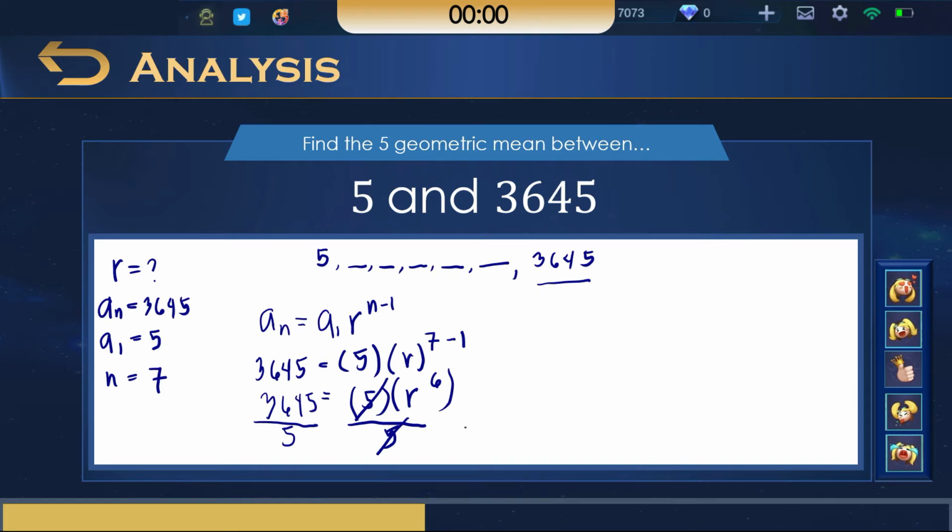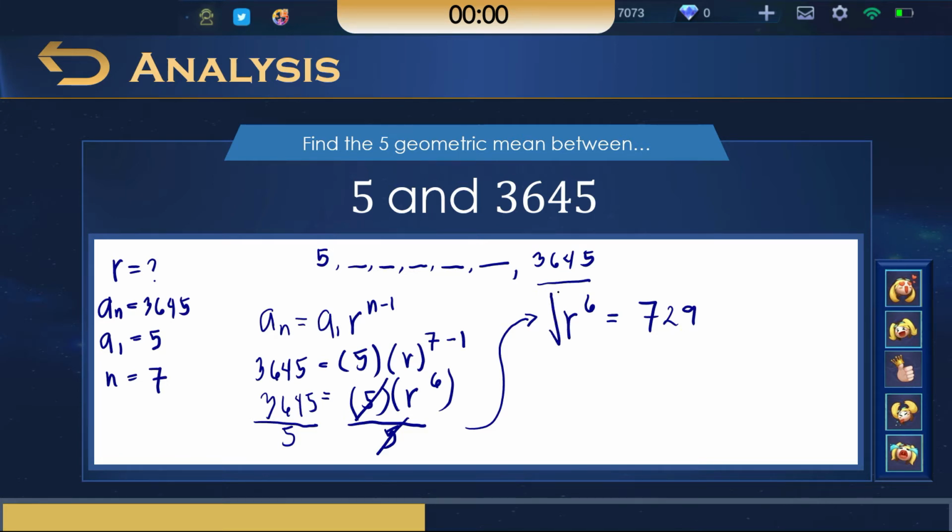And now we have r raised to 6 is equivalent to 3,645 divided by 5, and the answer will be 729. Now we're going to extract the sixth root of 729.